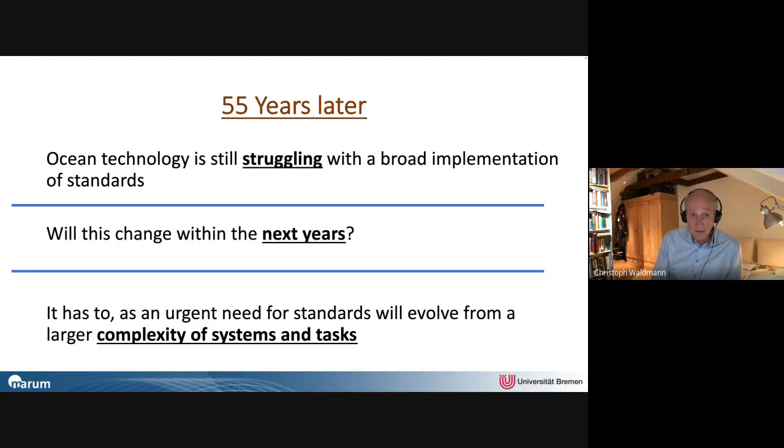So ocean technology is still struggling with the broad implementation of standards. I would like to come back to when I first got in touch with Dustin, because he was a person who was pushing for a new ISO standard, 22013.